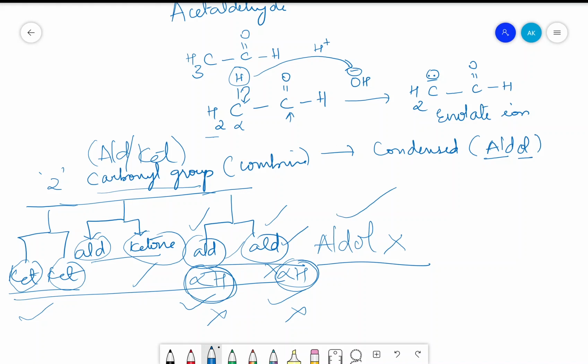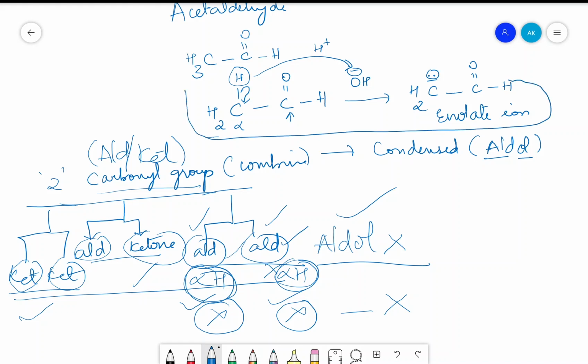If both of them do not contain alpha hydrogen, there is no aldol reaction. So this is the basic reaction which will help us in aldol condensation. We need to remember that it is the formation of an enolate ion.